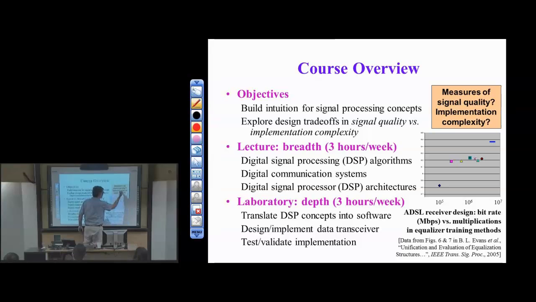But before I do that, we'll get your opinion on what are some ideas, or some measures, of signal quality. Go ahead. Classic one is signal-to-noise ratio. And a definition here would be signal power over noise power.